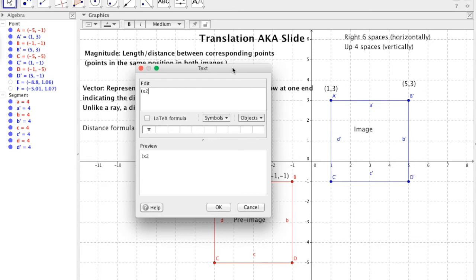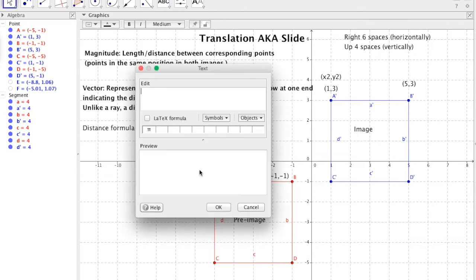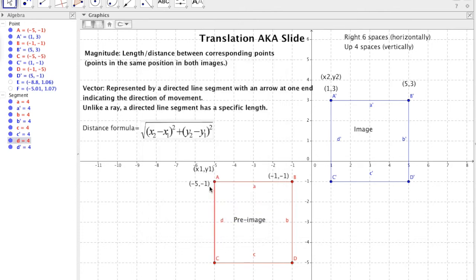That'll be your x2, y2. And then your pre-image point would be your x1, y1. And then we plug in those values into the distance formula, and then we find what is that distance that we traveled from point A to its translated point A prime.